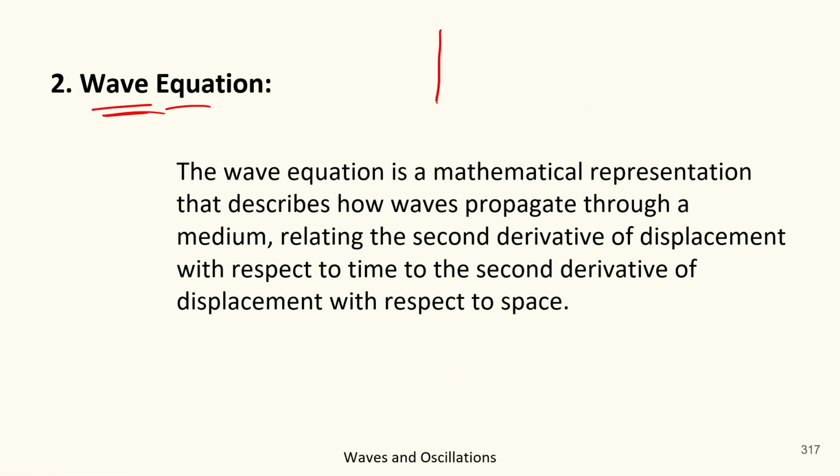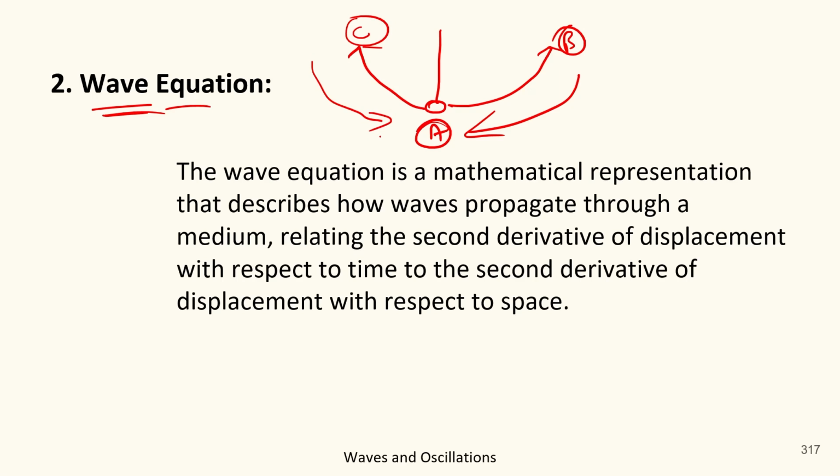If we have a pendulum like this at point A, and we swing it to point B, then it comes back to point A, then goes to point C, and then comes back to point A. So during this, how much space is covered? Like the distance between A to B, B to C, and also the coming back.